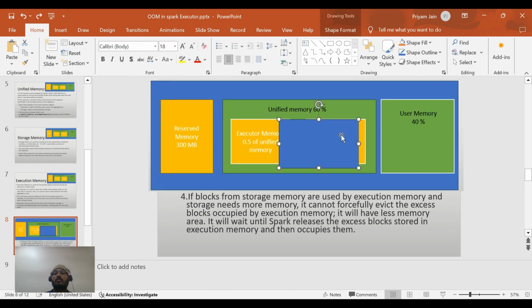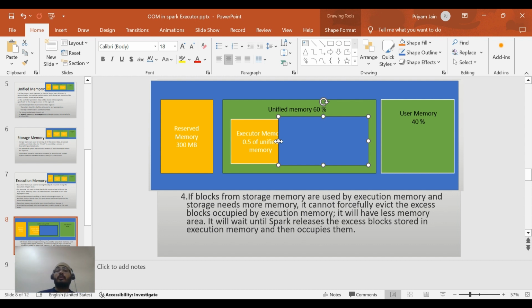Now let us check this concept. So suppose this storage memory has consumed some part of the executor memory, right? Now the tasks are running in parallel, and suppose a wide transformation is called upon the task, and executor memory needs memory to shuffle the data.